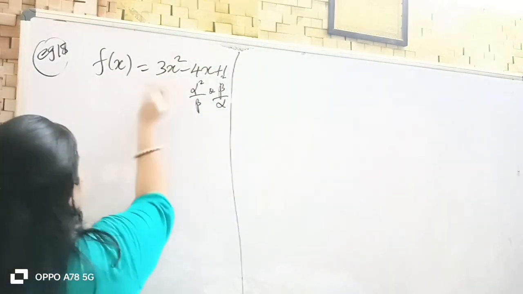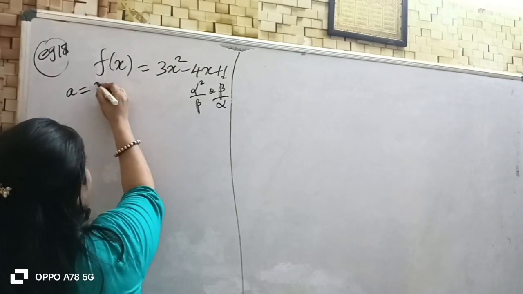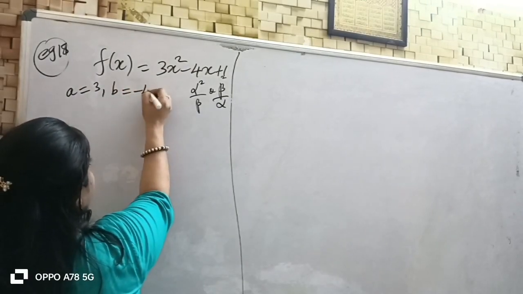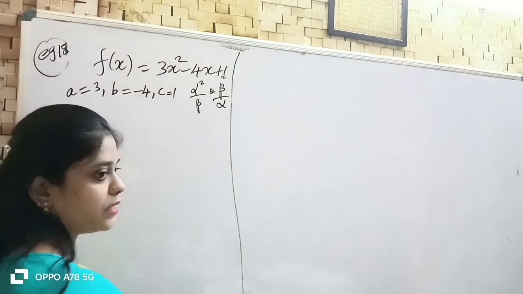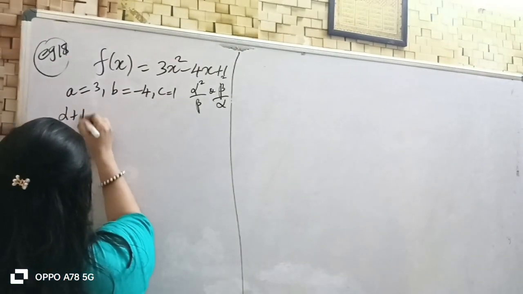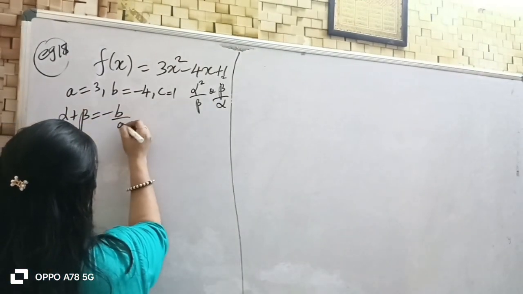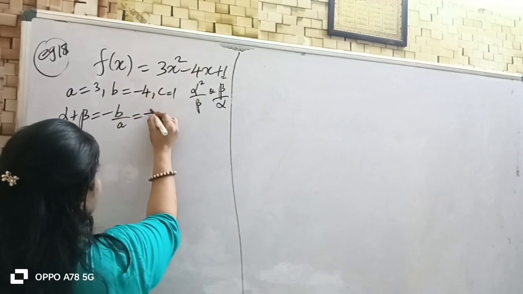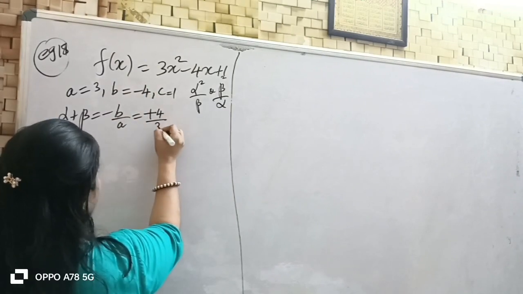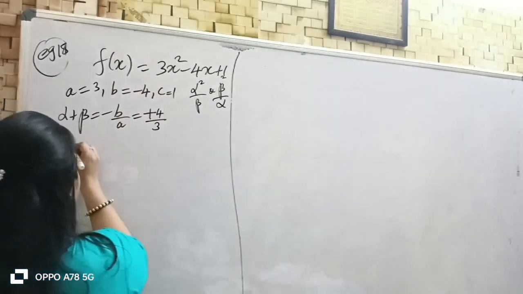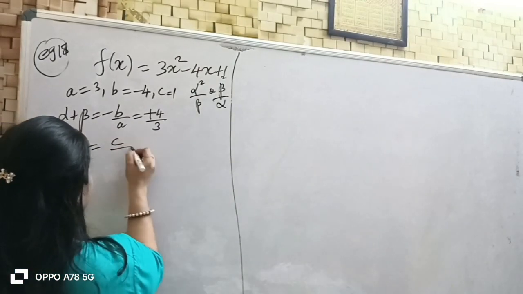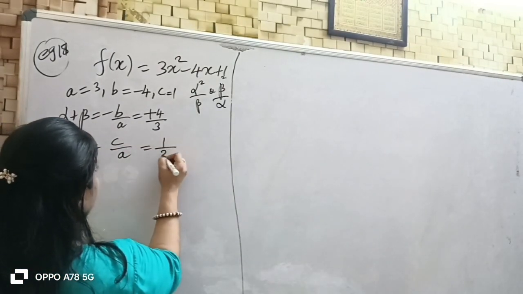So first compare பண்ணுங்க, your A is 3, B is minus 4, C is 1. Is it correct? So what is your alpha plus beta ma? Minus B by A. Minus here 1 minus, so plus 4 by 3. Is it correct? So alpha into beta, that is C by A, 1 by 3.